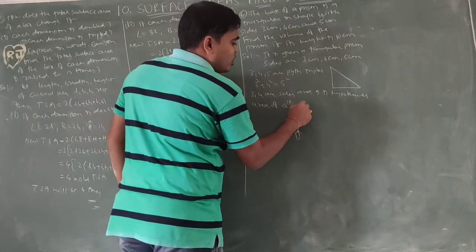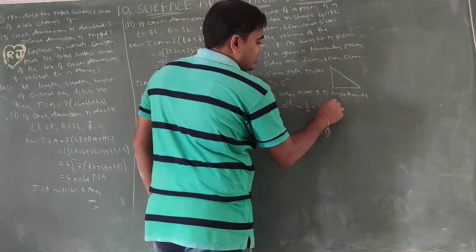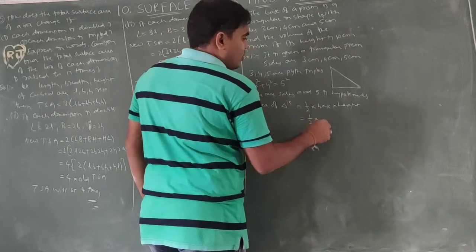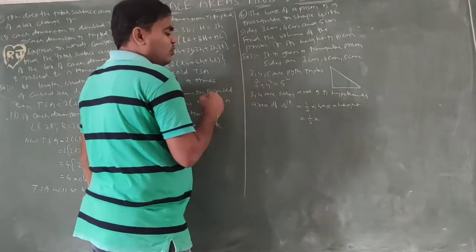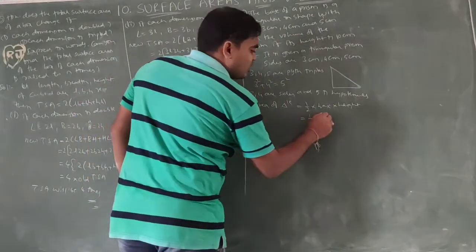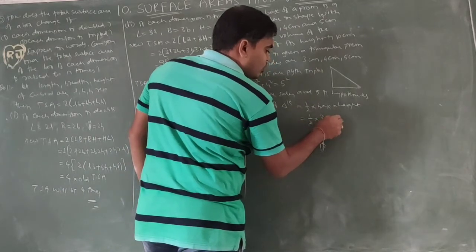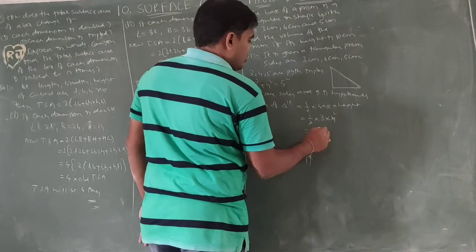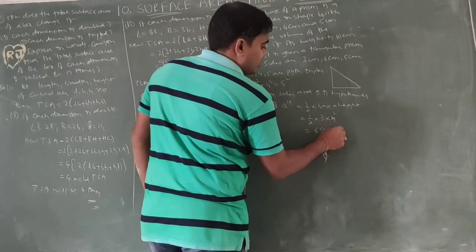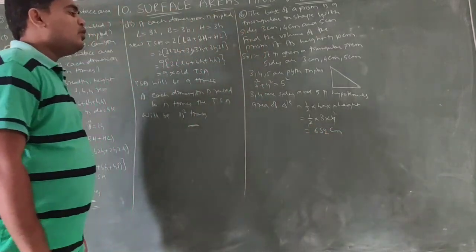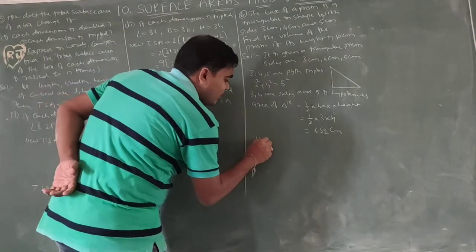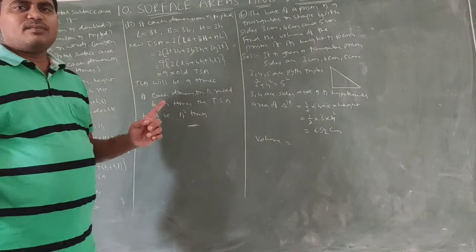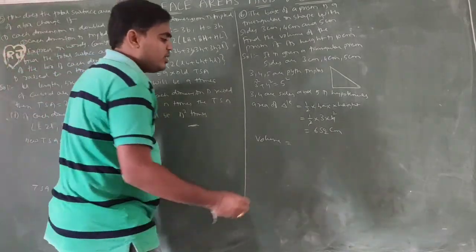Area of the triangle equals half into base into height. What is the base? 3 and 4, one of them base, one of them height. Half into 3 into 4 equals 6 square centimeters. What we need is the volume of the prism. The volume of the prism formula is base area into height.